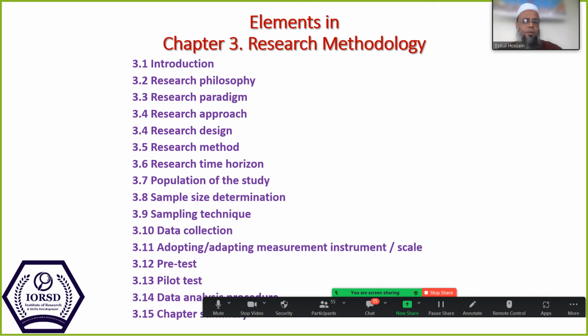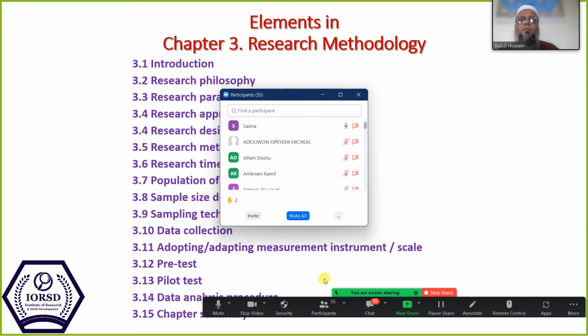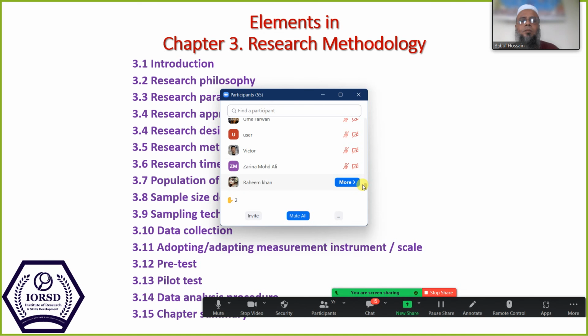Sir, I think adopting means the pre-tested questionnaire, which was tested by another researcher previously. So we can say adopting instrument. And second one is, I think, when you pre-test or pilot test, make changes by yourself.